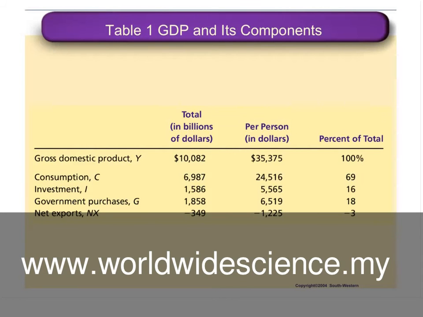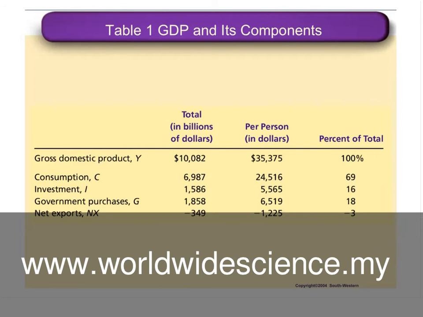So as you can see here, the table 1, GDP and its components. As you can see, gross domestic product total in $1 billion. They have the consumption, they have the investment, they have the government purchases, and net exports. So net exports in this case is negative, which means that their exports are less than their imports.